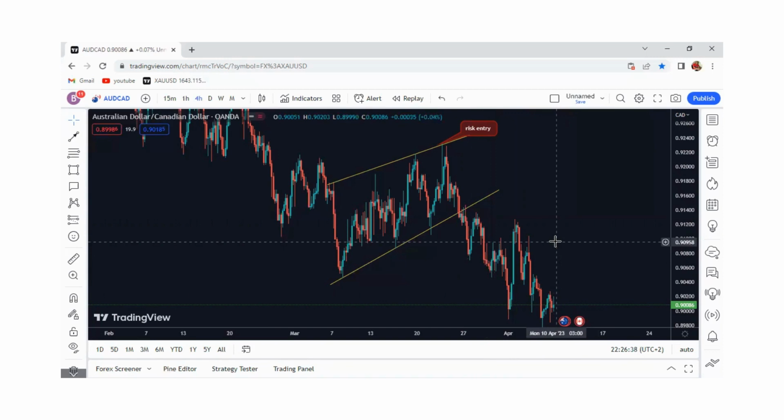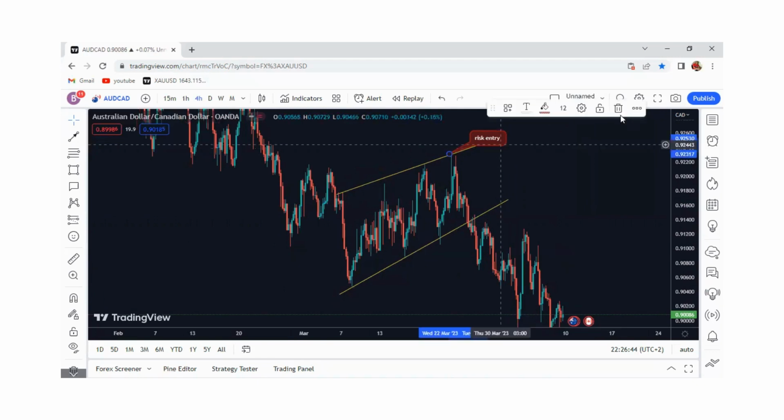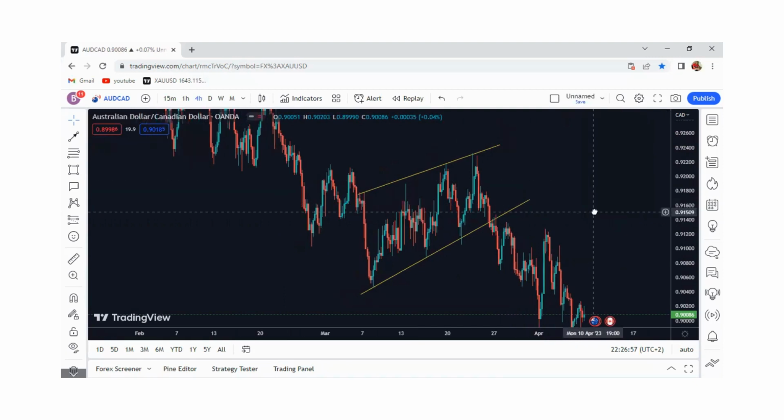You should also know them, guys, in order for you to know how the market moves, because the important thing is knowing how the market moves. Because a lot of people just trade, but they don't check how the market moves.